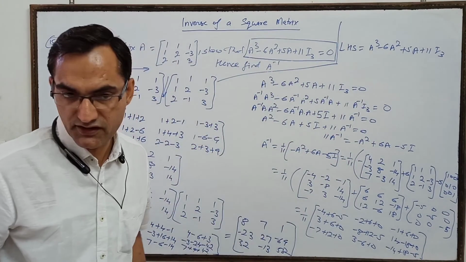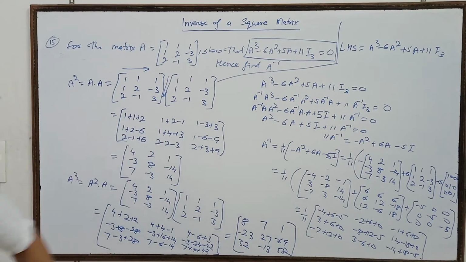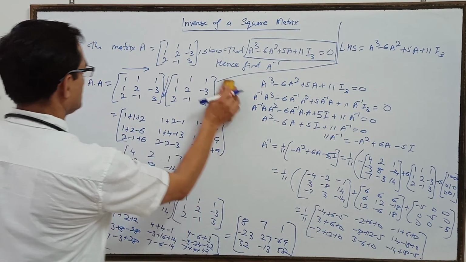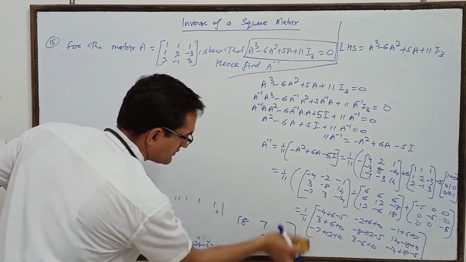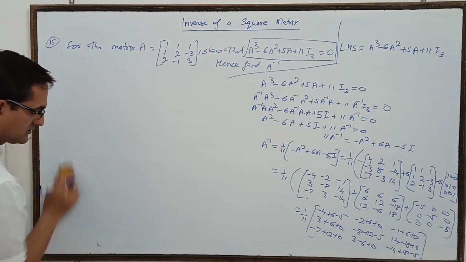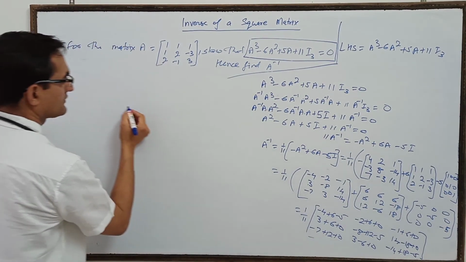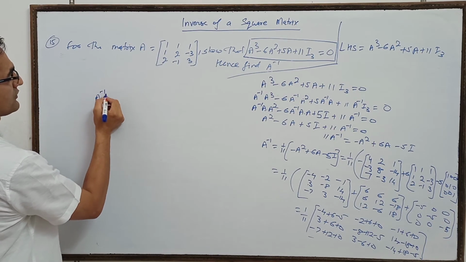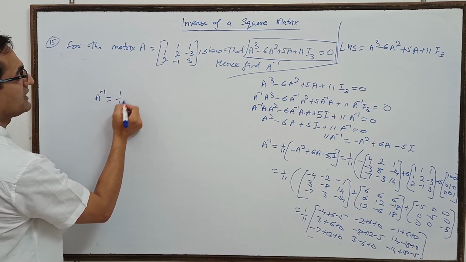So we will simplify it. Let's rub it from this side. This is inverse of A is equal to 1 by 11.